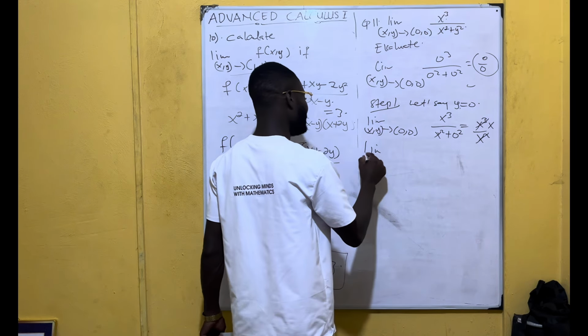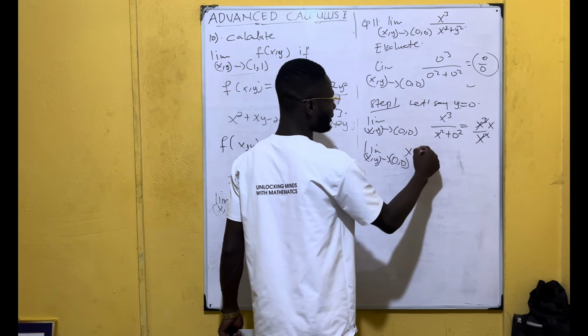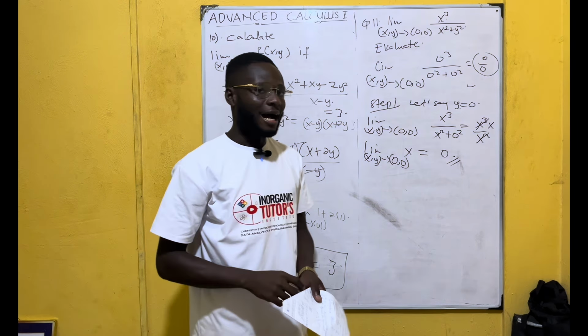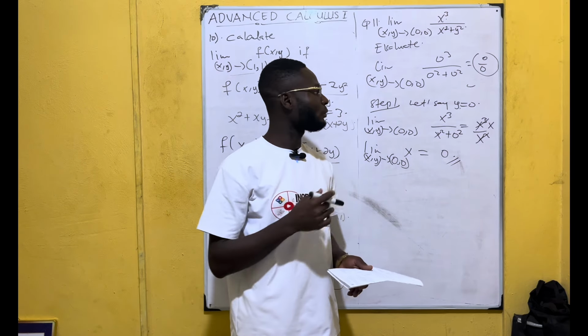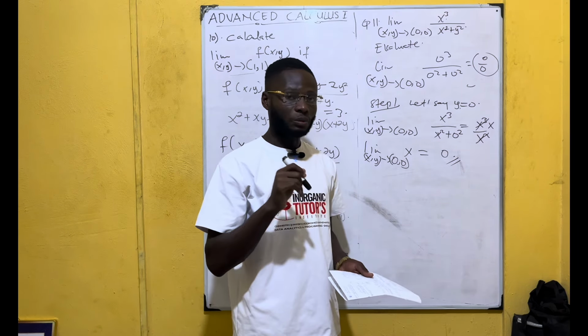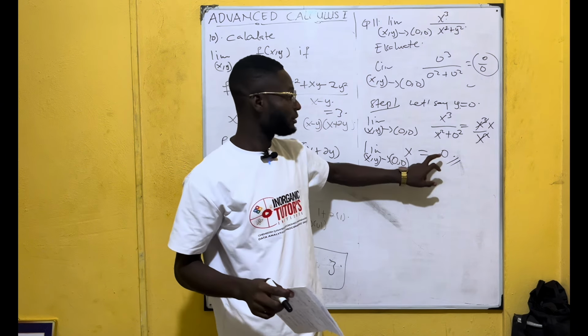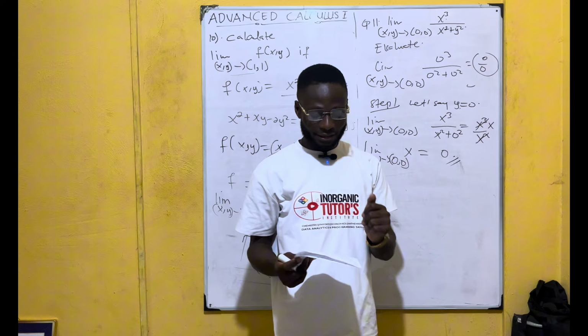So the limit as (x, y) approaches 0, 0 of x gives us 0. So when we choose the different path approach, we started from where y is equal to 0, and the limit gives us 0.